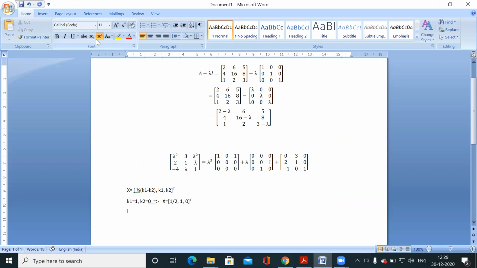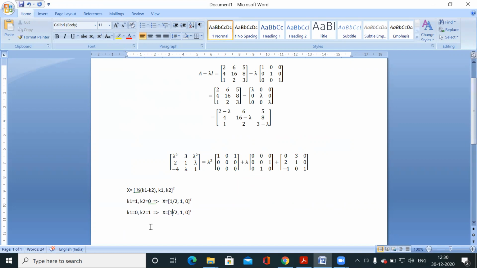And for the second, you take k1 0 and k2 as 1. In this way the eigenvector is: k1 0, k2 1.